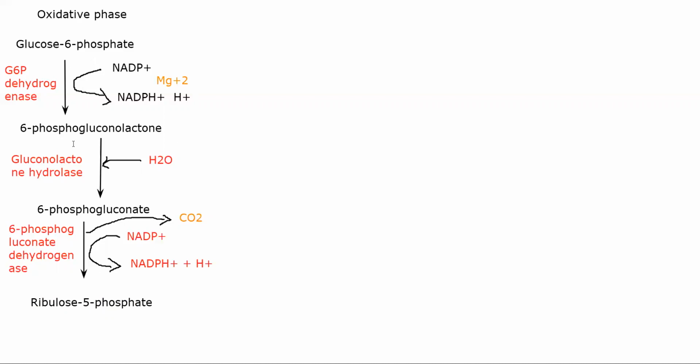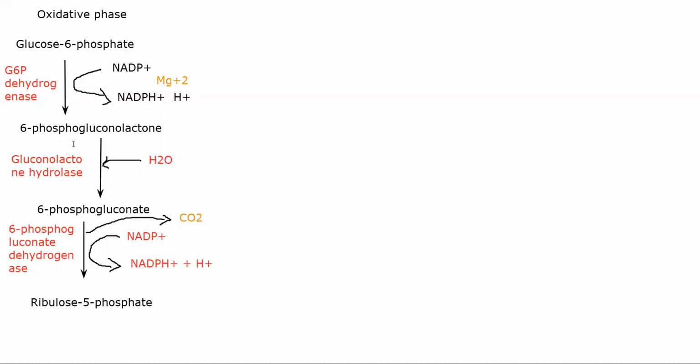Okay, I hope you understand. I'll just repeat it once again. In the oxidative phase, you're basically taking glucose 6-phosphate. This glucose 6-phosphate you get from glucose. You add one phosphate and you get glucose 6-phosphate. You dehydrogenate this molecule, wherein you're removing 2 atoms of hydrogen, and you get NADPH plus H plus.